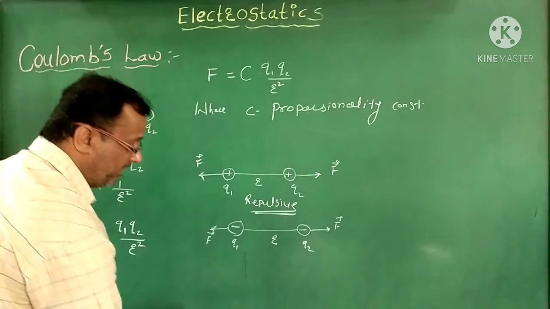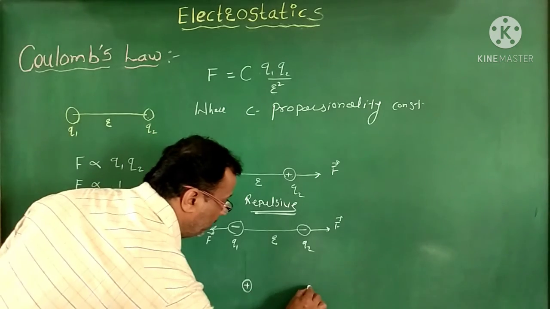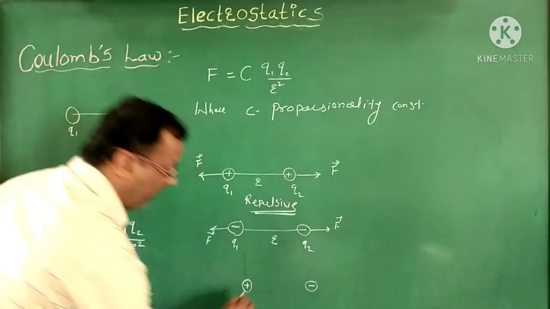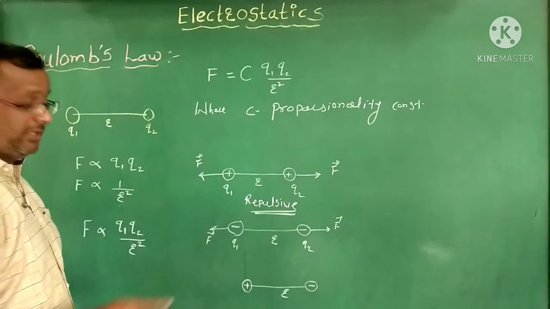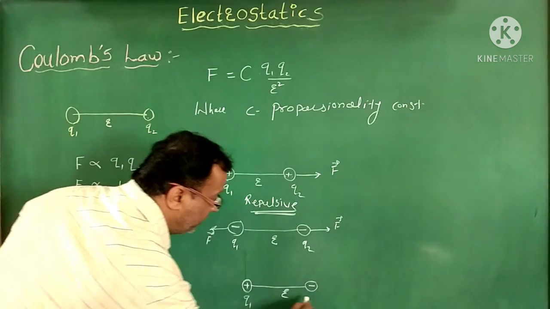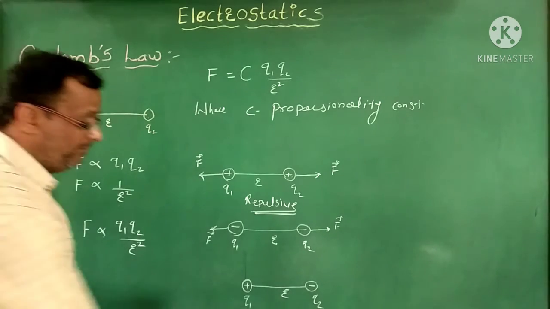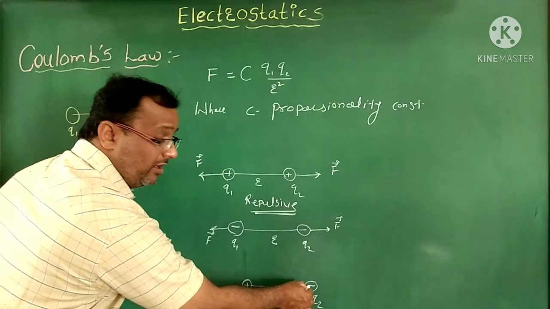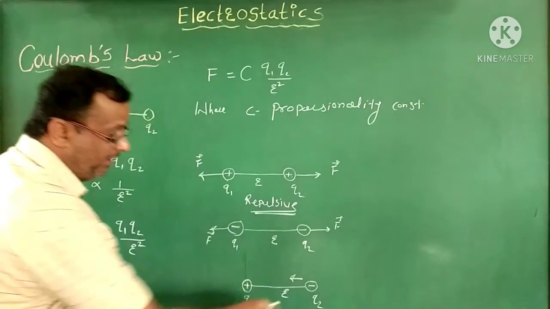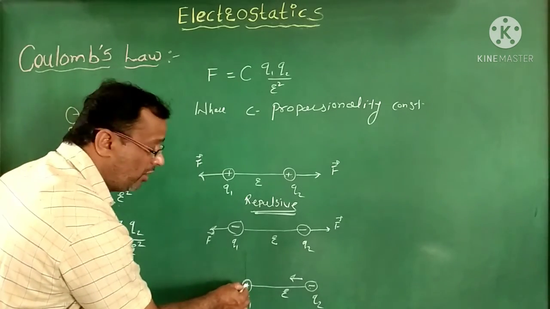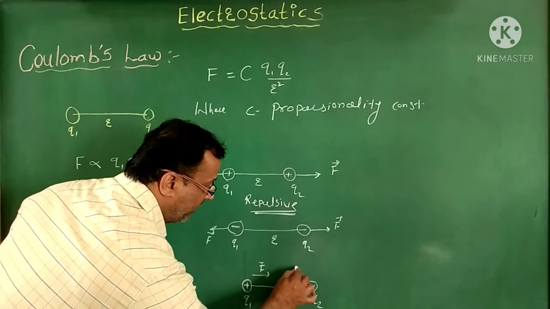But suppose we take opposite charges, which means one of the charges is positive and the second one is negative. Again both charges are kept at a distance r. Here the first one is positive and the second one is negative. Then the first charge acts a force on the second one along this direction, and the second charge also acts a force on the first one, directed towards the second one.